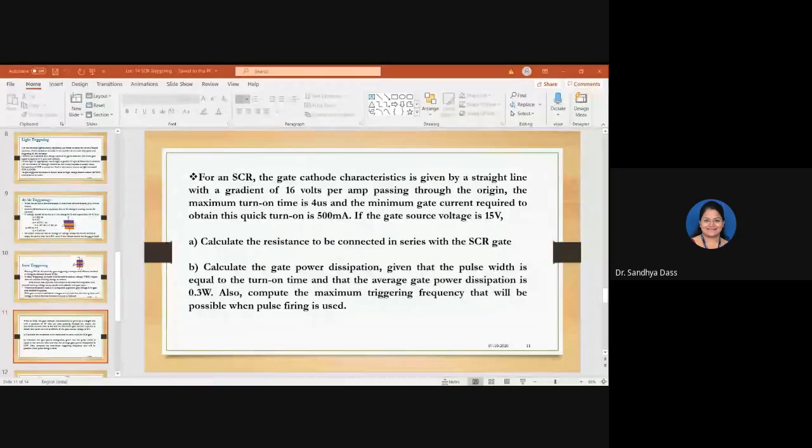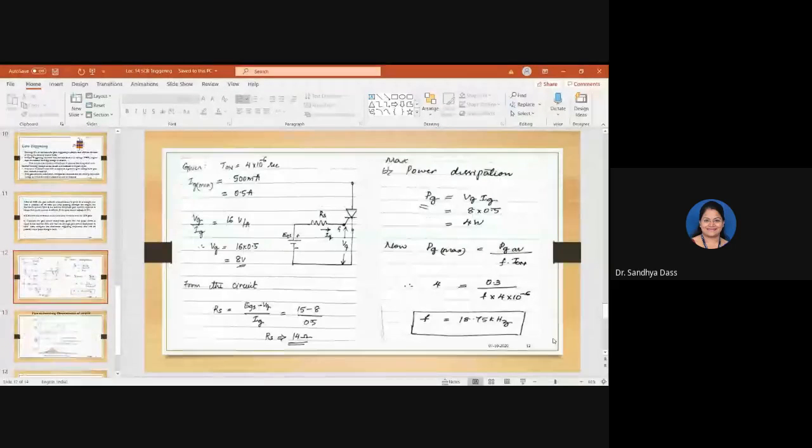All right. Okay, fine. So I had given hints for this problem in the previous session. Here is the solution. Please note down. We will discuss here.